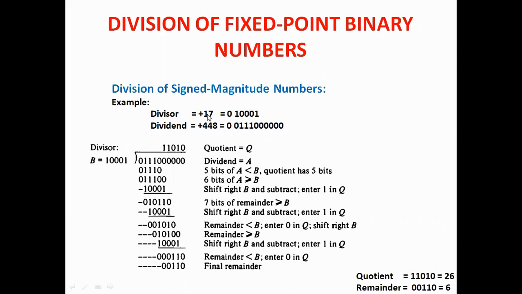If we represent these numbers in signed magnitude binary form, plus 17 will be, this plus 0 represents the plus and the remaining 5 bits represent 17, and here this is plus and these remaining 10 bits represent 448.